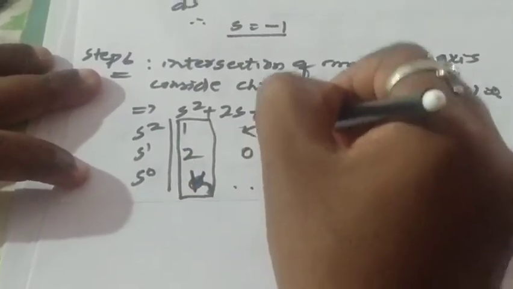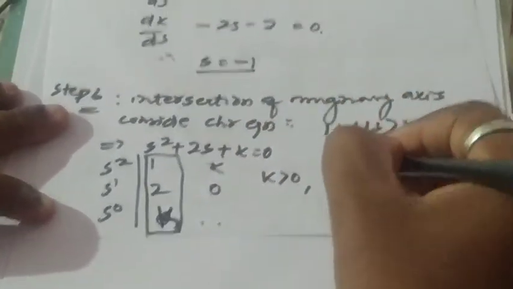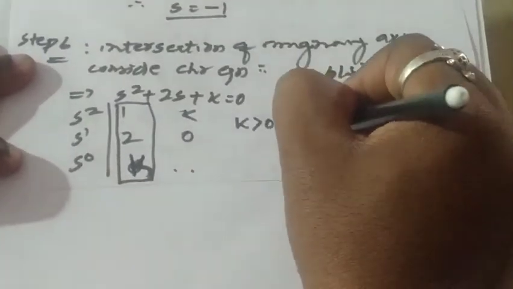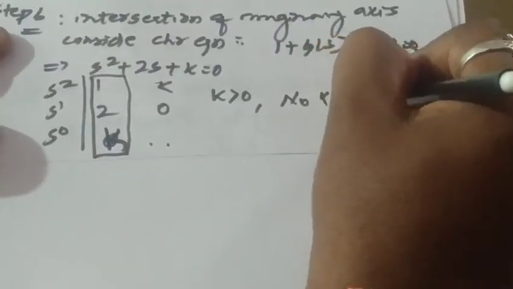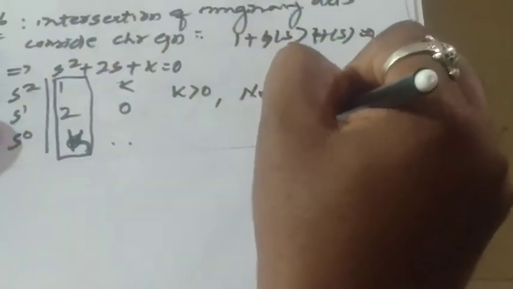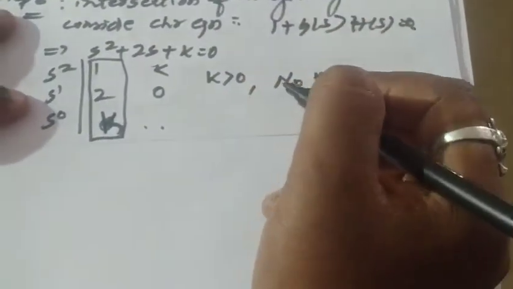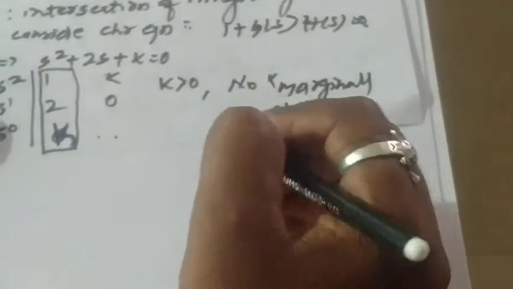Therefore k is marginally stable. There is no intersecting of the imaginary axis.